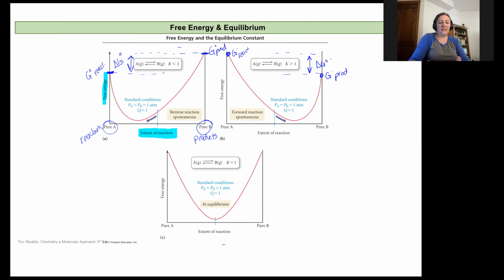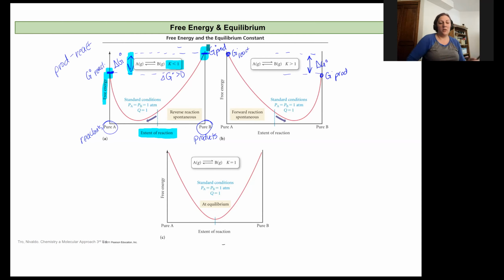So looking at this change in delta G here on our first one, we're looking at K is less than 1. So in this situation, we expect our change in free energy to be positive. If we're looking at our products minus our reactants, we have that positive free energy right here. We're increasing the amount of free energy if we went all the way from all reactants to all products.